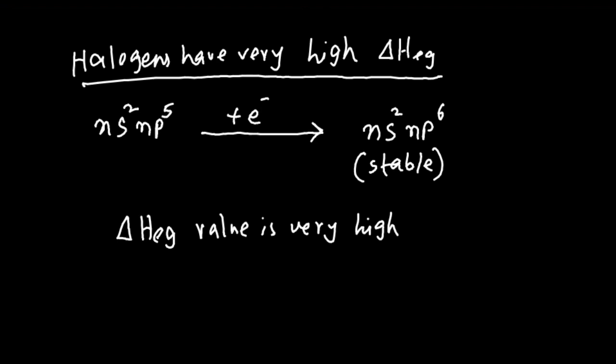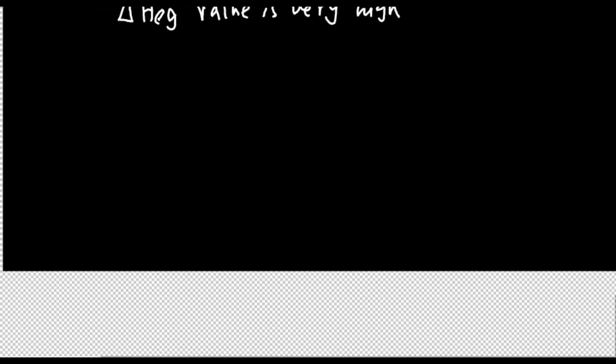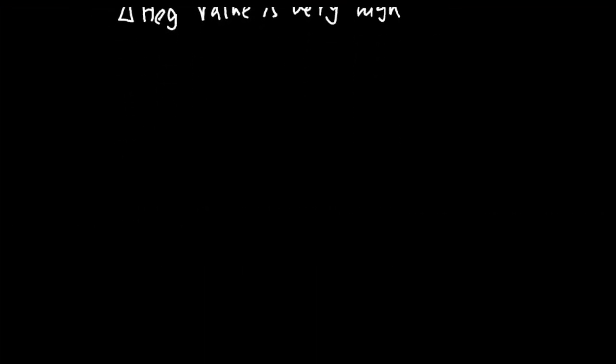Okay, so this is all about your electron gain enthalpy or electron affinity. The orders you have to keep in mind, like the order of electron gain enthalpy across the period or down the group, this sort of things you have to be careful.